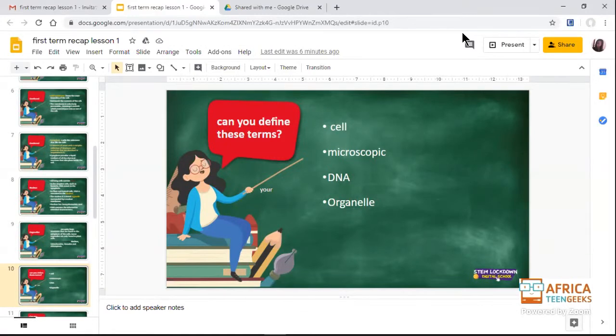Microscopic is something that can be seen using a microscope. So small as to be visible only with a microscope.